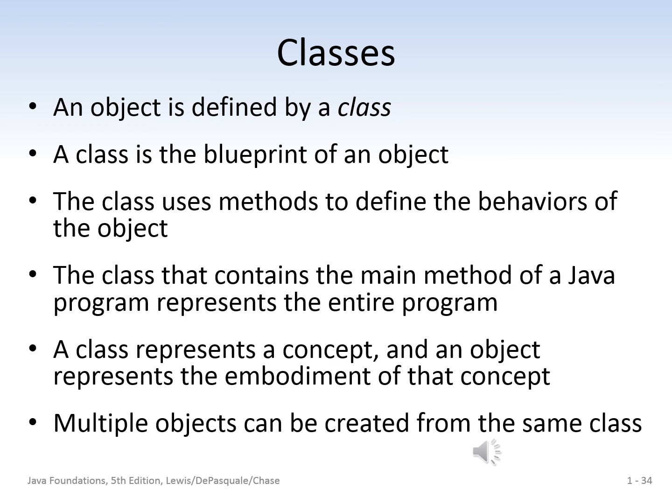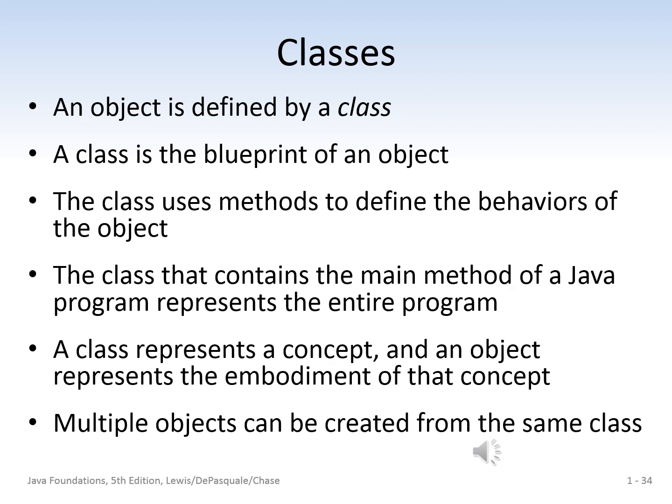An object exists within a class or is defined by a class. And the class is the prototype, or as the author calls it, the blueprint of an object. And the class uses methods to define the behaviors of the object.